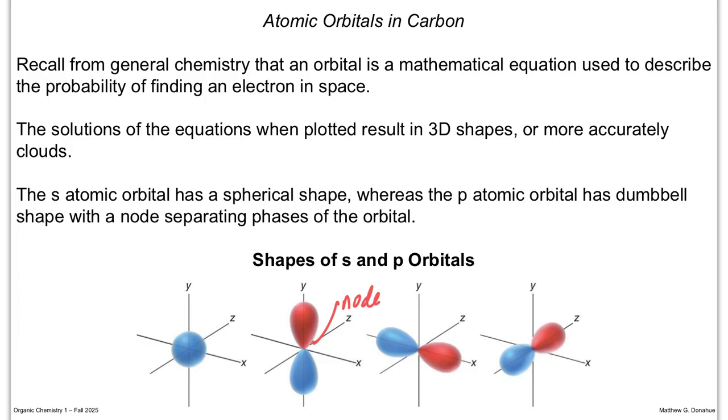One thing I want to point out is that the p orbitals are all degenerate. In our context, that doesn't mean a bad person or something. It just means equal energy.